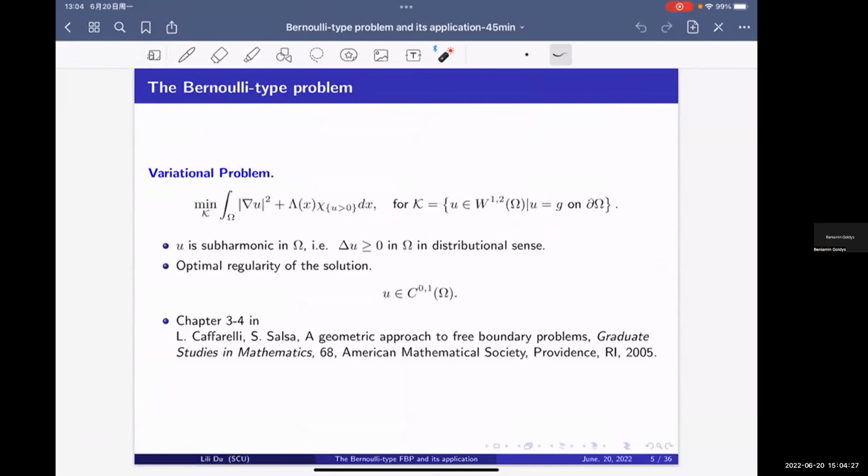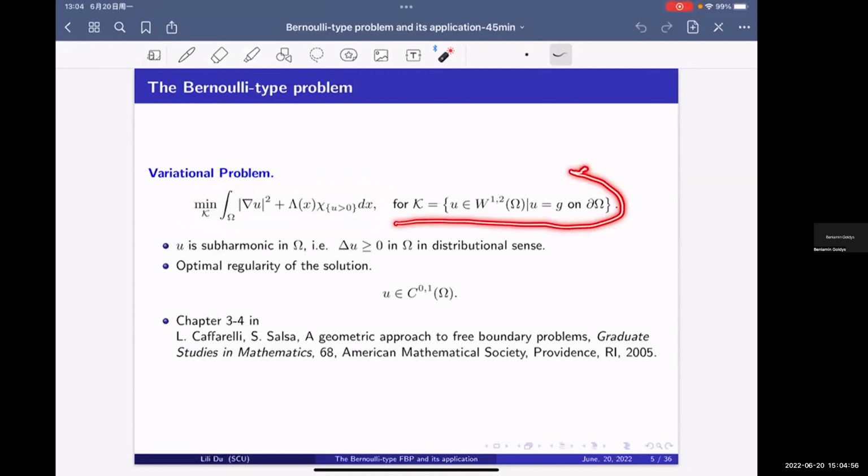To solve the Bernoulli-type problem, the existence of the weak solution of the Bernoulli-type problem comes from the standard variational problem. We can define an energy as this and an admissible set as this.